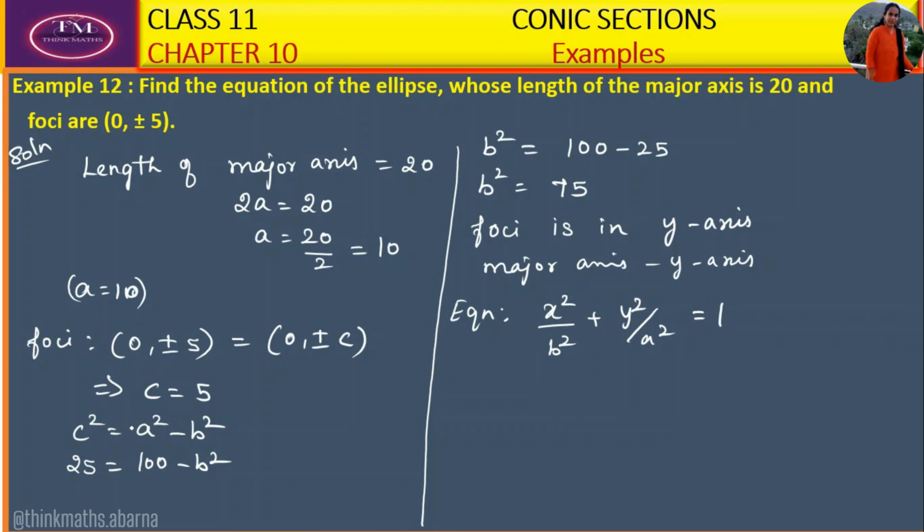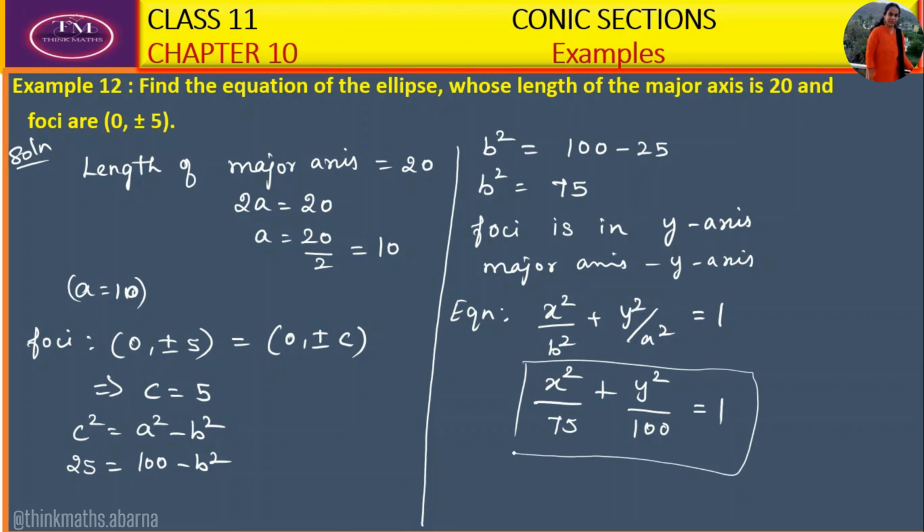So this is the equation of the ellipse when the major axis is the y axis. So it is x square by b square, which is 75, plus y square by a square, which will be 100, equal to 1. So this is the equation of the ellipse with the given condition. Clear? Very easy, isn't it?